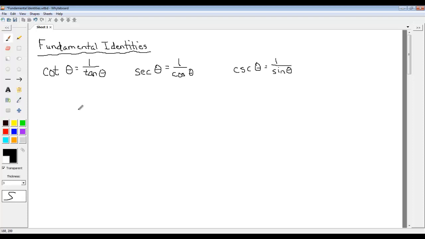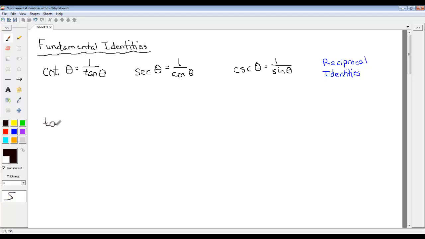Some others that are old news. These are considered to be the reciprocal identities here, because they're found by doing reciprocals of trig functions. These are reciprocal identities. Another group that's old news for you guys is the quotient identities.